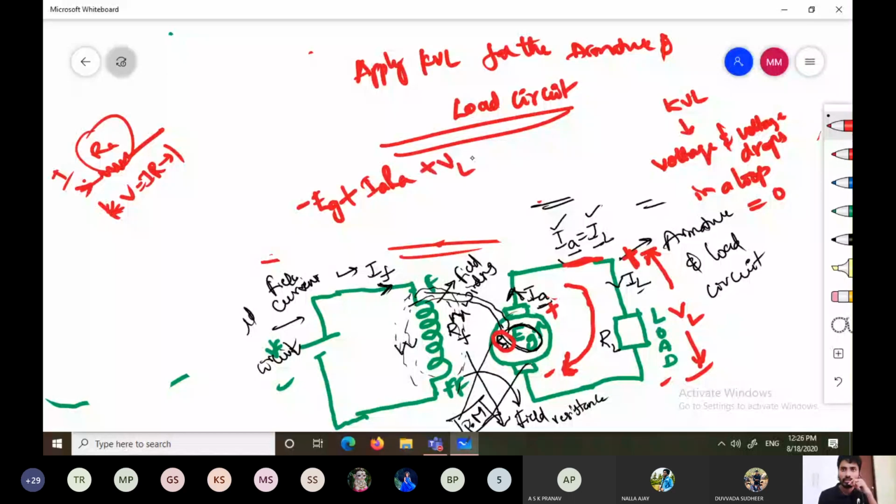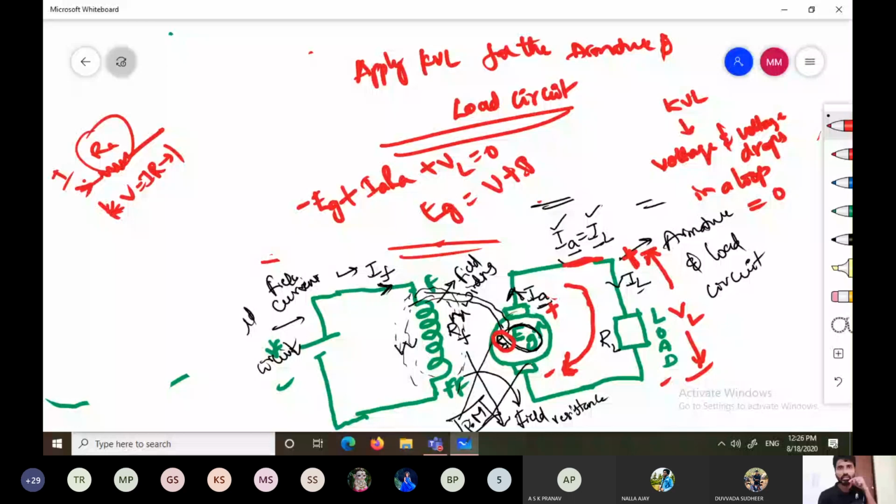So the equation is minus EG plus IARA plus VL equals 0. We want the generated EMF equation, so EG can be written as VL plus IARA. This is the generated EMF equation for a separately excited DC generator.